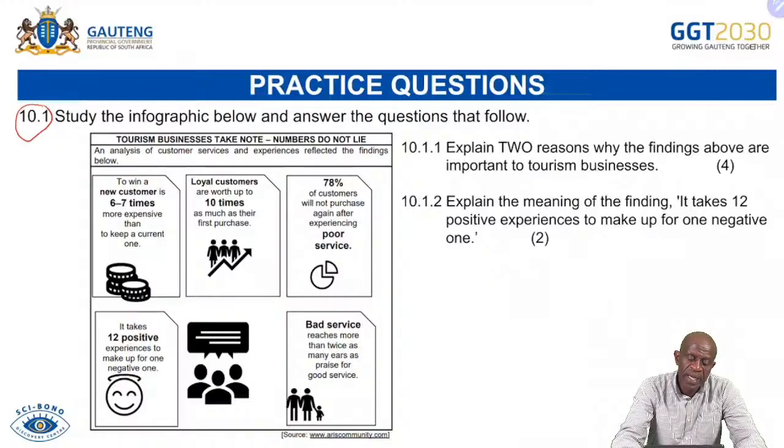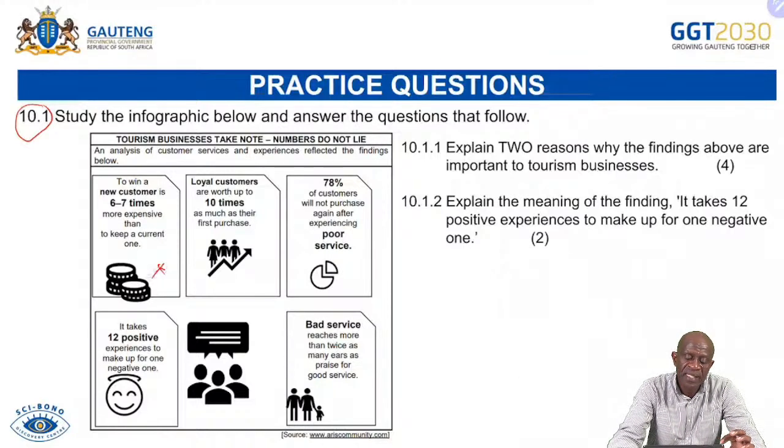To win a new customer is 6 to 7 times more expensive than to keep the current one. The first block on the infographic states that to win a new customer is 6 to 7 times more expensive than to keep the current one.